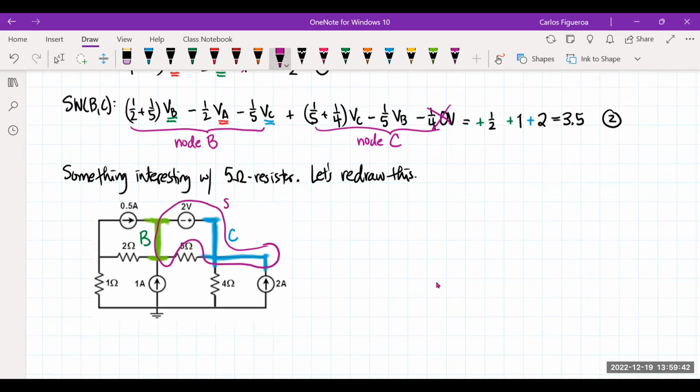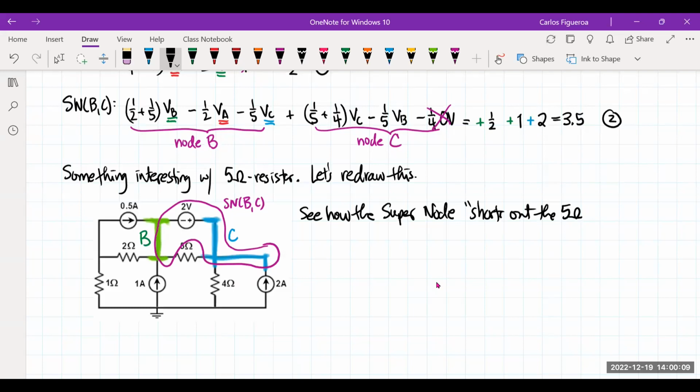So this is my supernode BC. Now, see how the supernode shorts out the 5 ohm resistor.